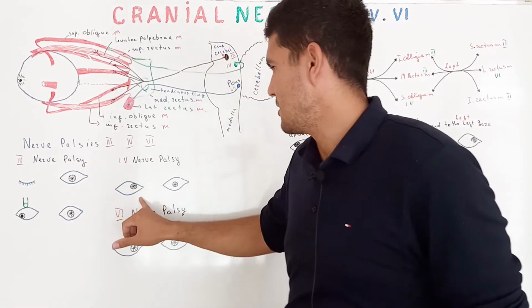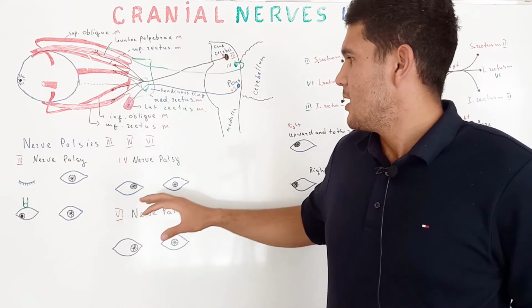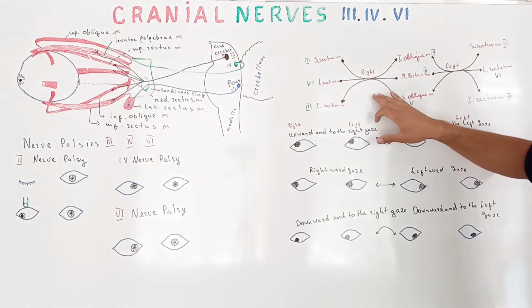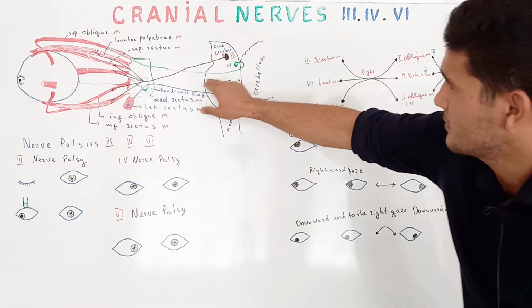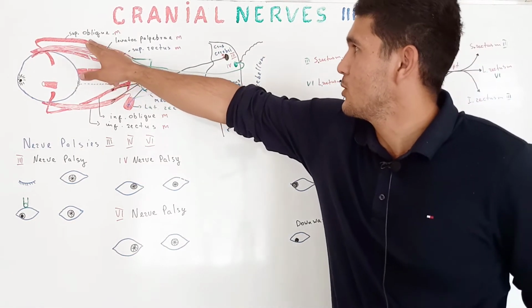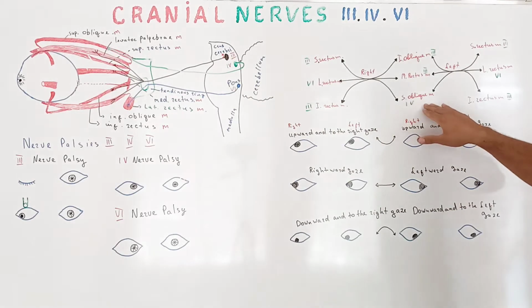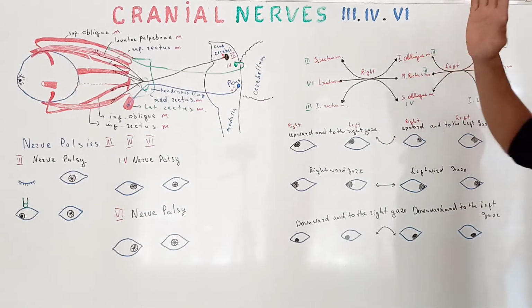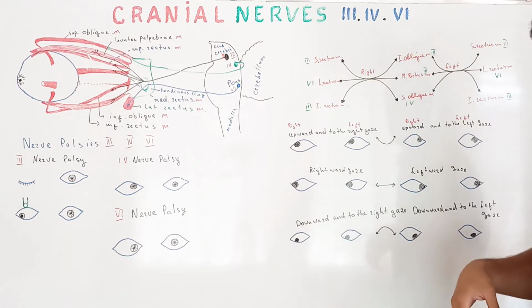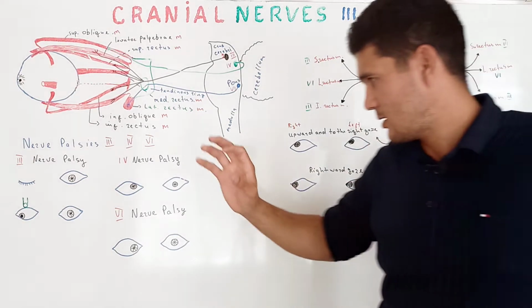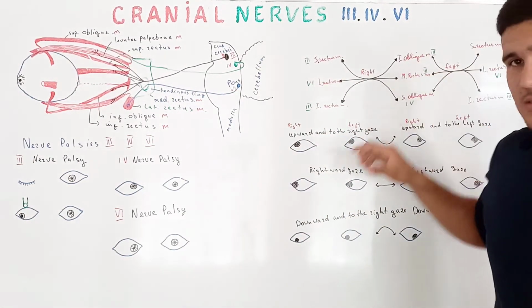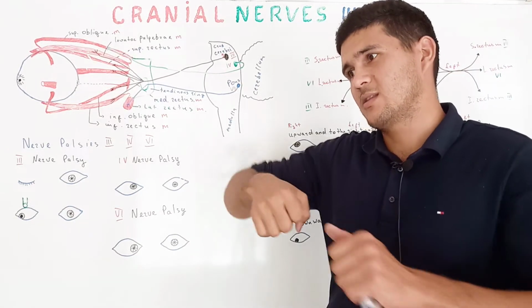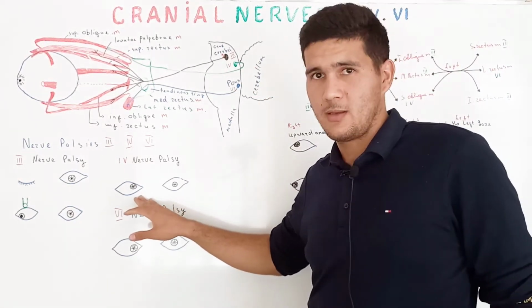One of the main reasons for that is that the main function of the trochlear nerve is innervating the superior oblique muscle. The superior oblique muscle's main function is deviating the eye downward. Without this normal function, the inferior oblique muscle can show its effect and deviate the eyeball superiorly.